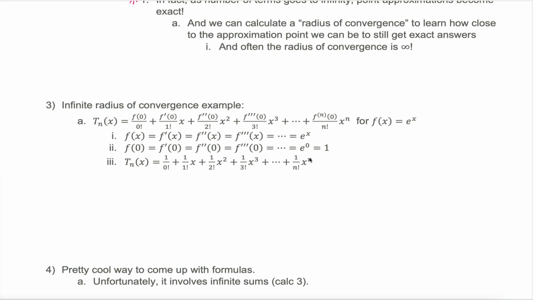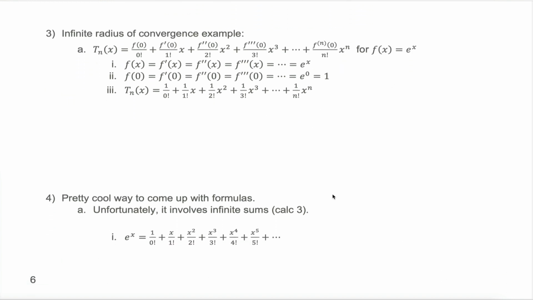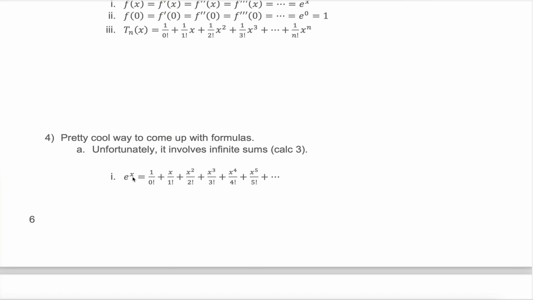But if we didn't stop at n, if we allowed this to continue infinitely, which I know is something we can't do yet because you haven't taken Calculus 3, we'd get an exact expression for e to the x power. E to the x power is equal to this infinite sum. And yeah, it's an infinite sum, so we can't really figure it out yet, but it allows us to come up with some pretty cool formulas.